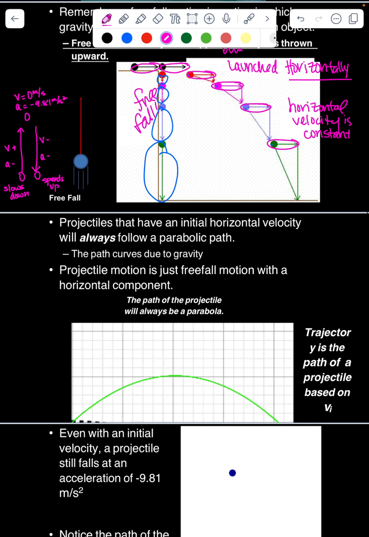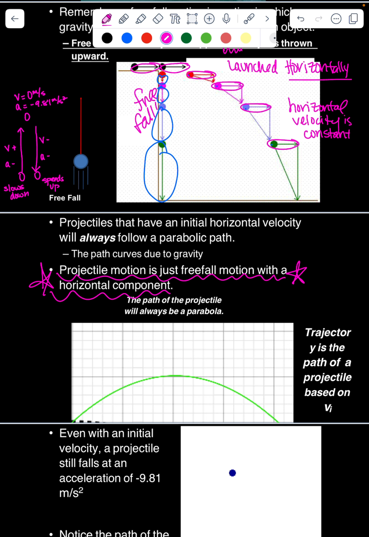Now, we're going to see this again later, but I really want you to just focus on this. All projectile motion is just free fall motion where we have added a horizontal component to it. So it now has that horizontal component.